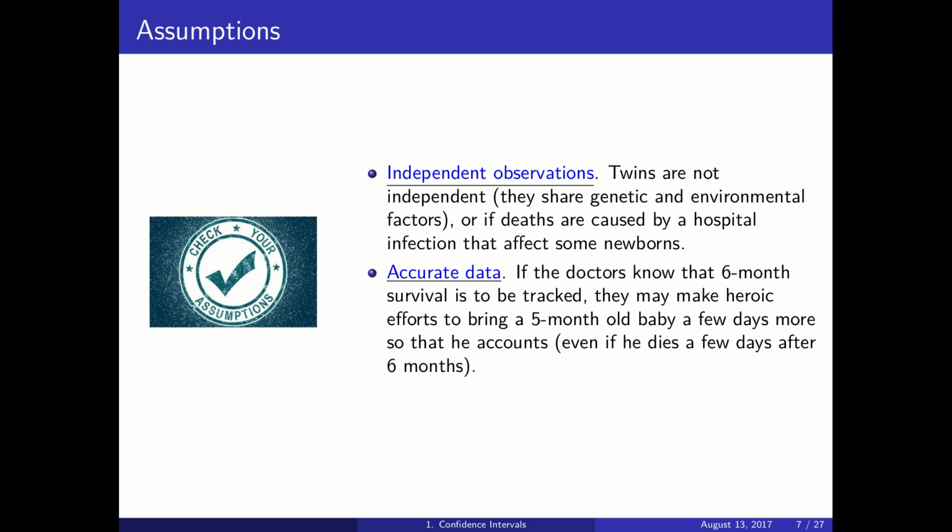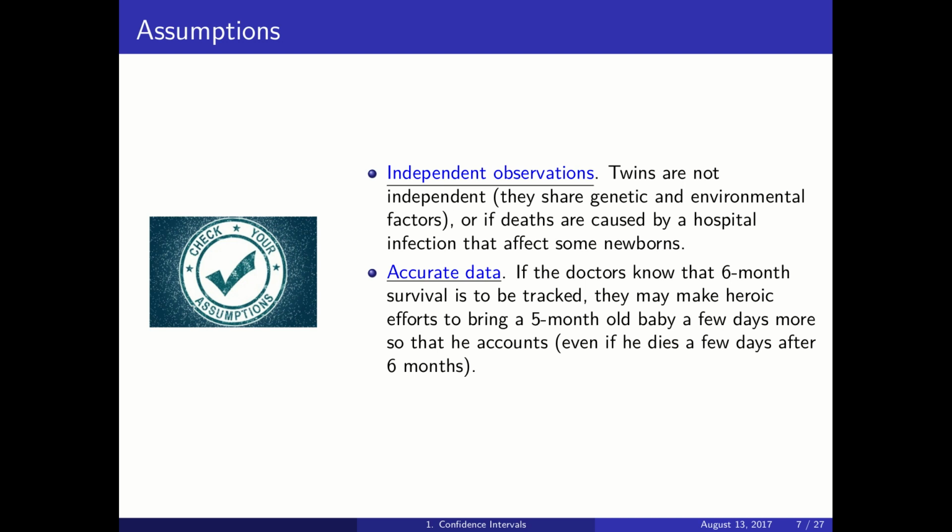Or, for instance, if deaths are correlated because there is a hospital infection that affects some of the newborns, then these proportions are not independent anymore, and these confidence intervals that we are calculating are not correctly calculated. So there are corrections for correlated data, but the formulas that we normally use are not corrected for correlated data.